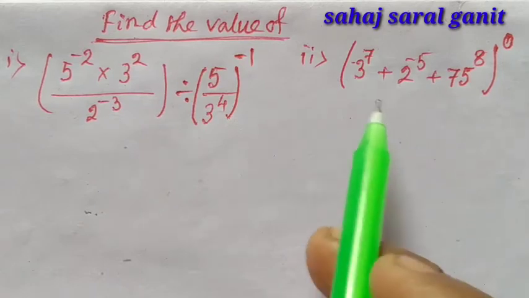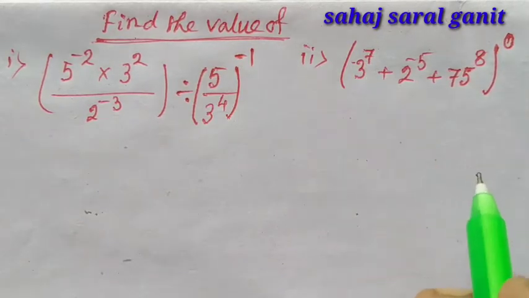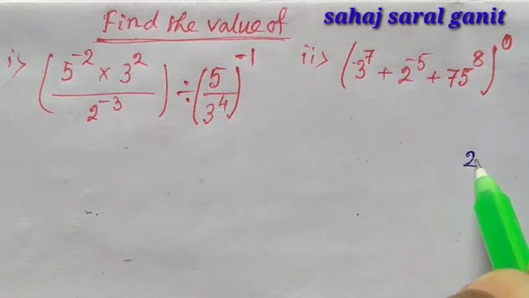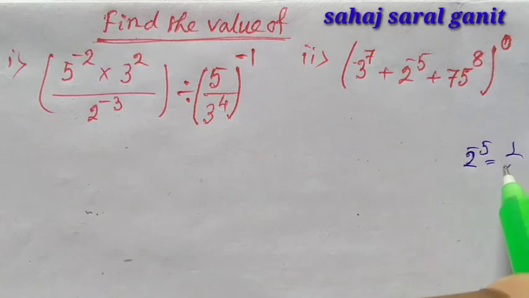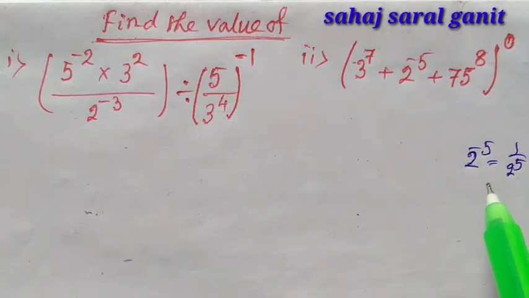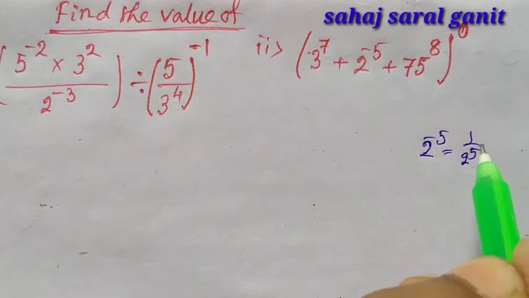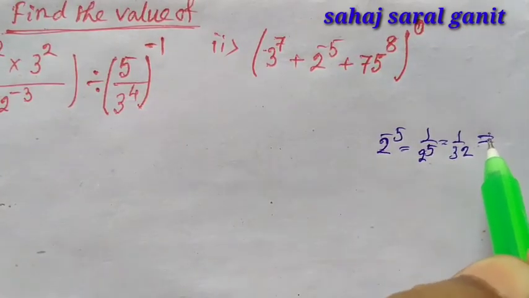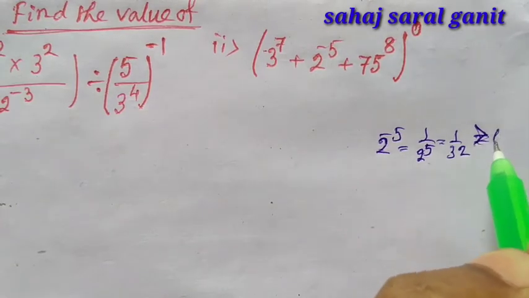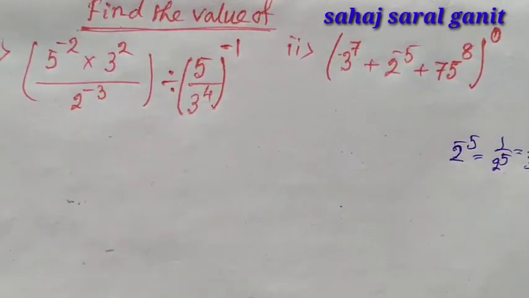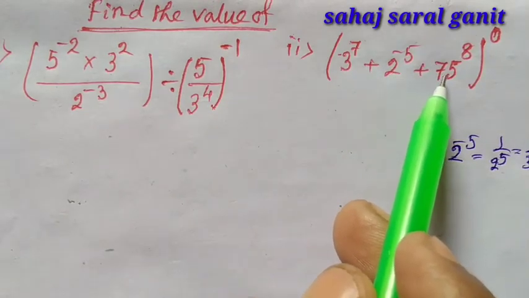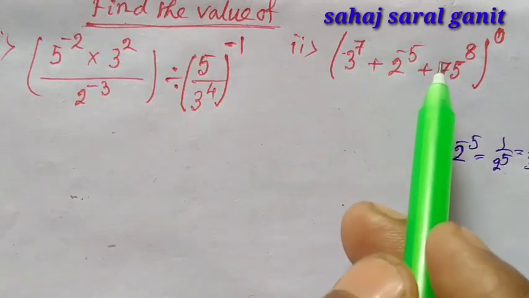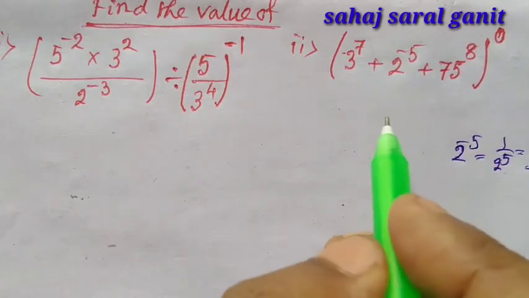Now 3 to the power 7 is a positive number. 2 to the power minus 5 is equal to 1 by 2 to the power 5, which is 1 by 32, a positive number. Therefore the sum of three positive numbers is a positive number, so the value within the bracket is not equal to 0.